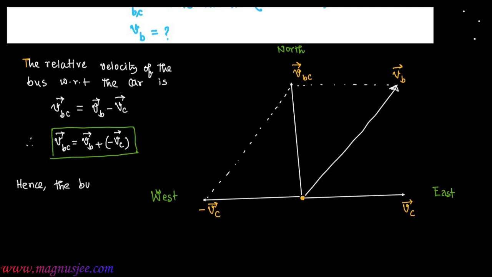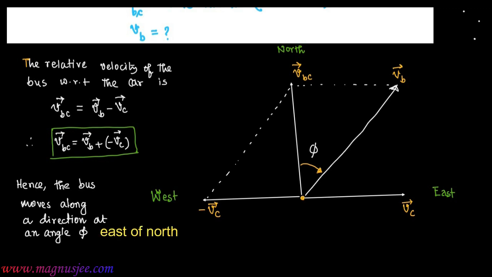Hence the bus moves along a direction at an angle phi east of north. In the diagram, vector Vb is denoted in a direction at an angle phi east of north.